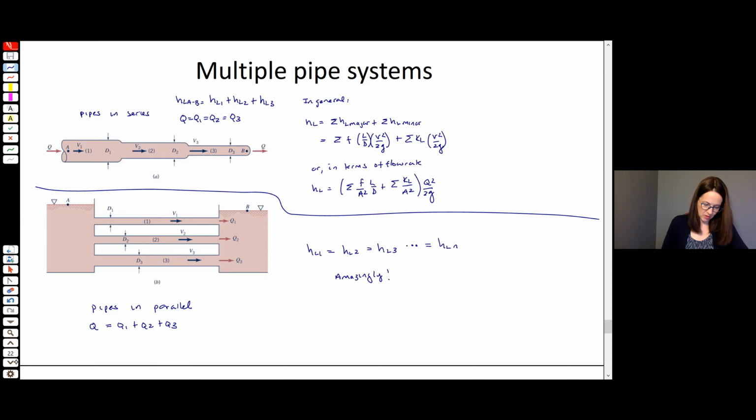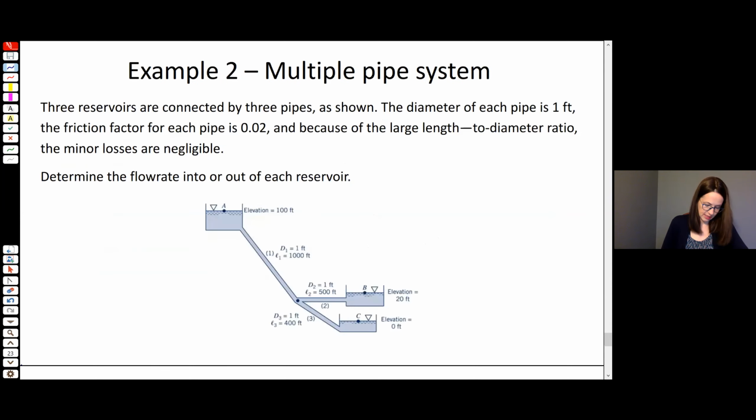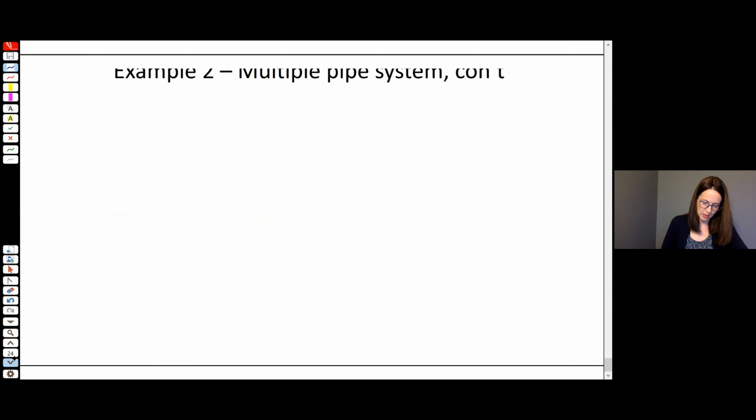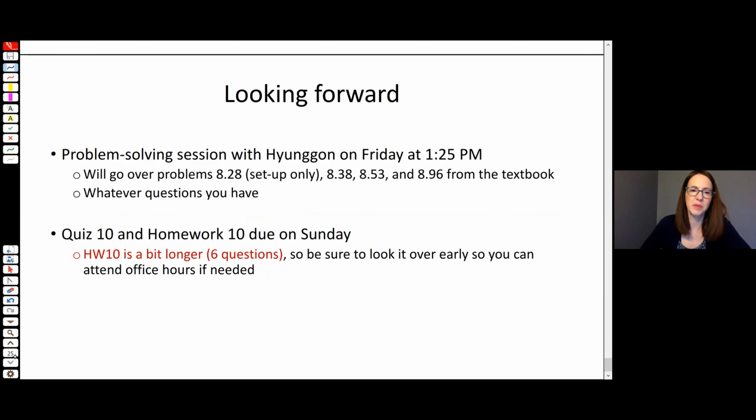All right, so for now I'm going to skip over this example 2 because we're at the end of our 50 minutes, and we'll just talk about looking forward. So, problem solving session with Hyung-gun on Friday. I've asked him to solve these 4 problems. One of these, the first one here, is actually one of your homework problems. It's a tough problem, so I've asked him to just help set it up for you, right?